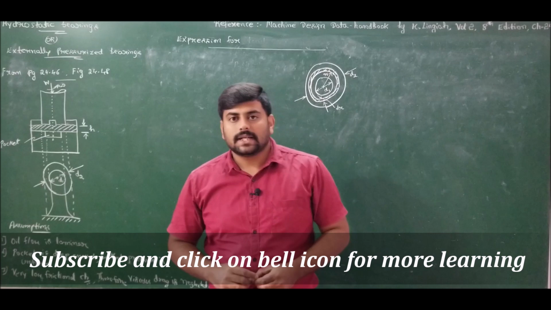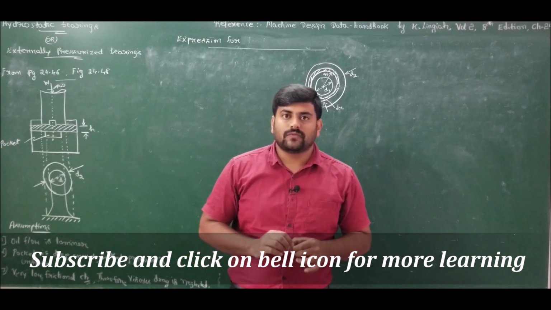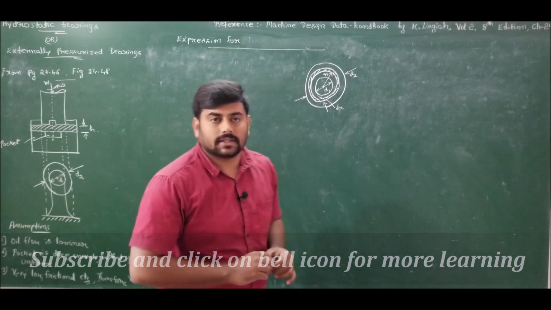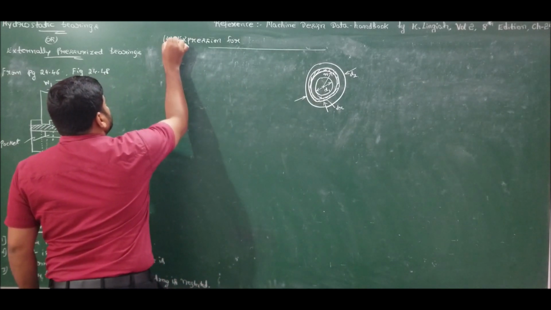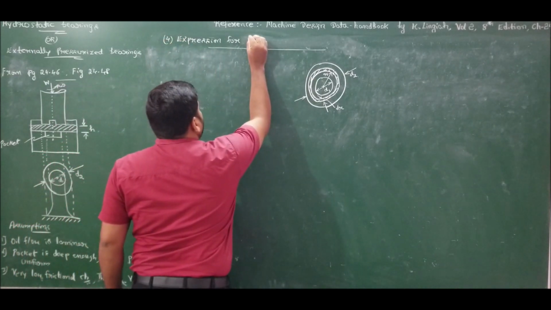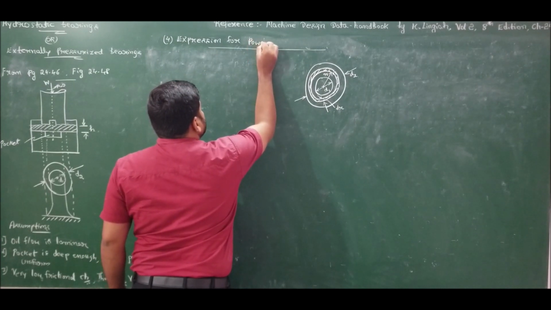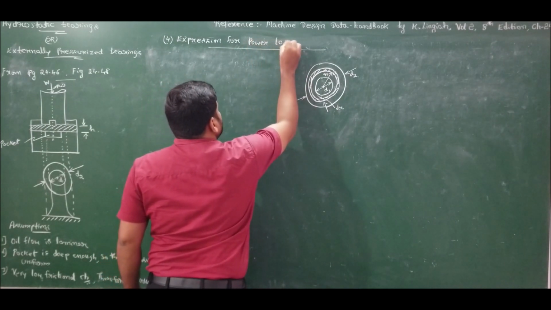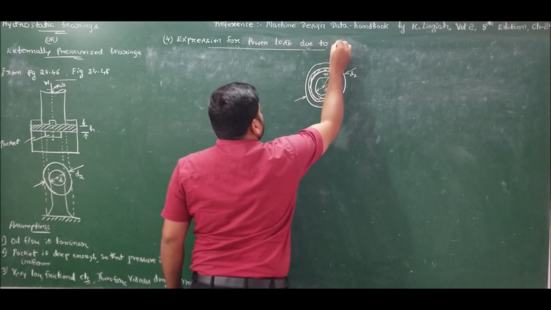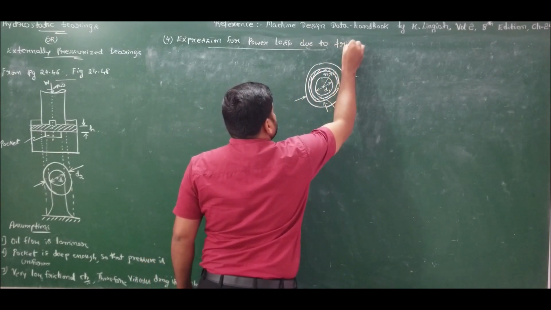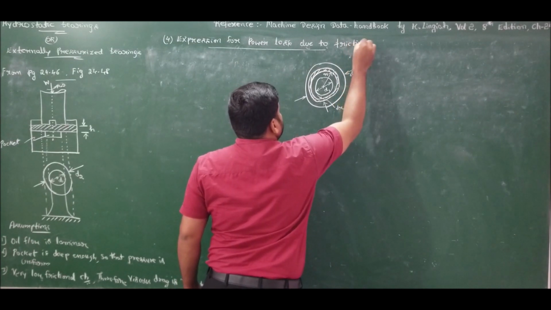Now moving ahead, let us derive the expression for power loss due to friction in a hydrostatic step bearing. That is the fourth derivation, the expression for power loss due to friction, or frictional power loss equation.